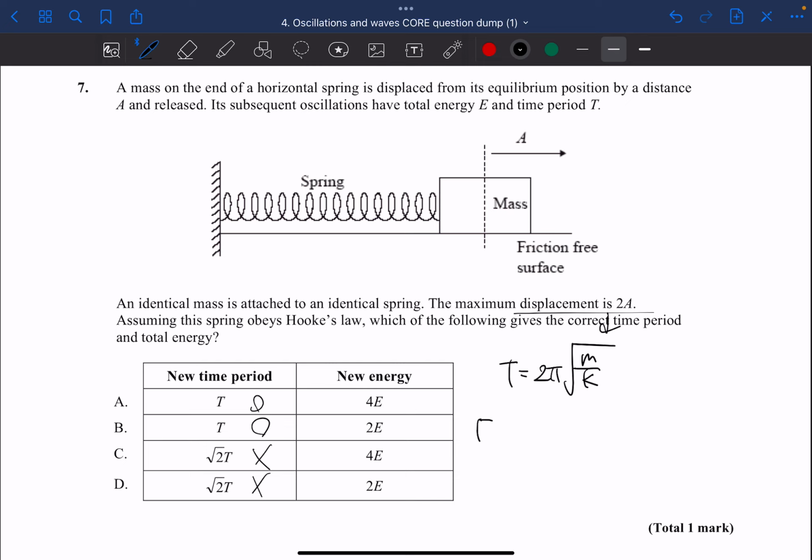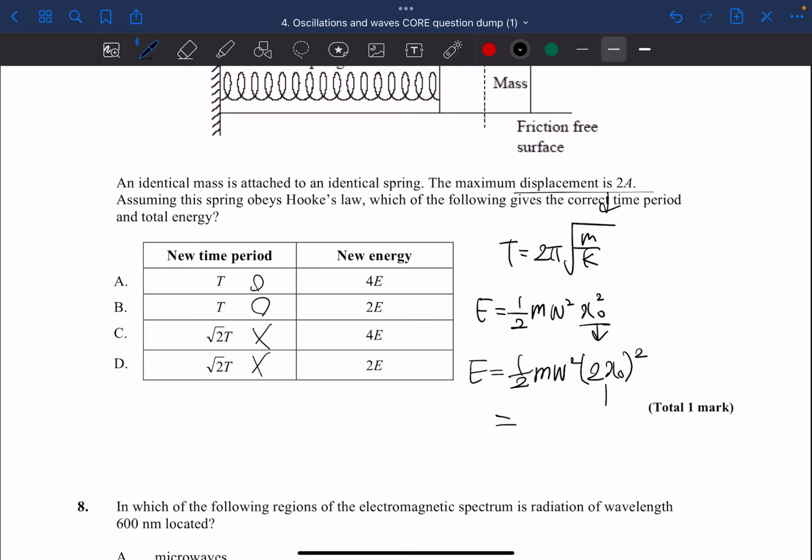And the energy is equal to half m omega squared x squared, and x0 is the displacement, and the displacement is doubled, so new energy would be 2x0 squared, so it would be 4x0 squared, meaning that it's going to be 4E. So it's A.